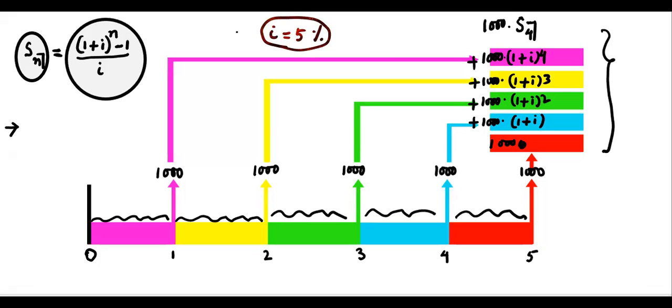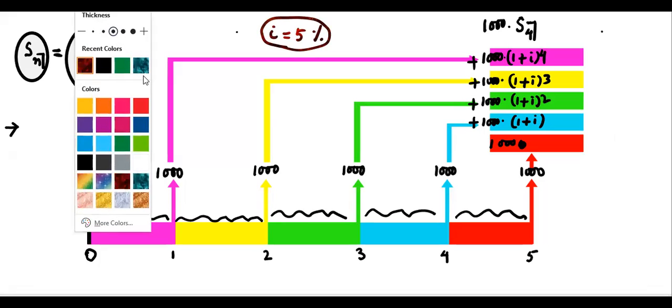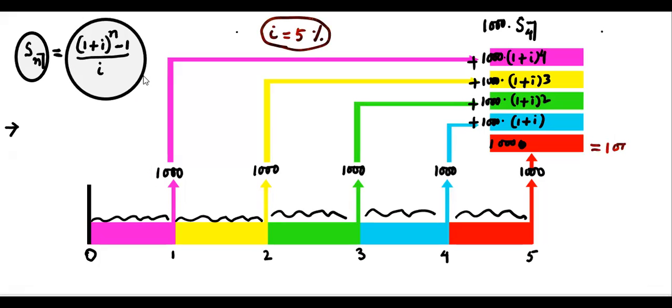If you find it using i 5%, 1000 into 1.05 power 4, then you will get the value. Let me erase this one and write the values here. This is 1000 anyway, and this will be 1000 into 1.05, which is 1050. This will be 1102, then 1157.